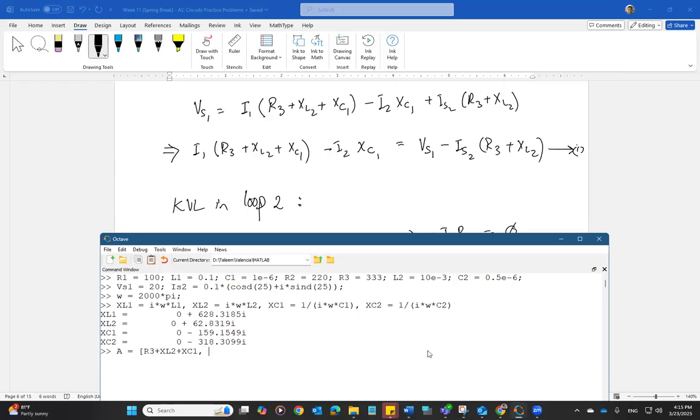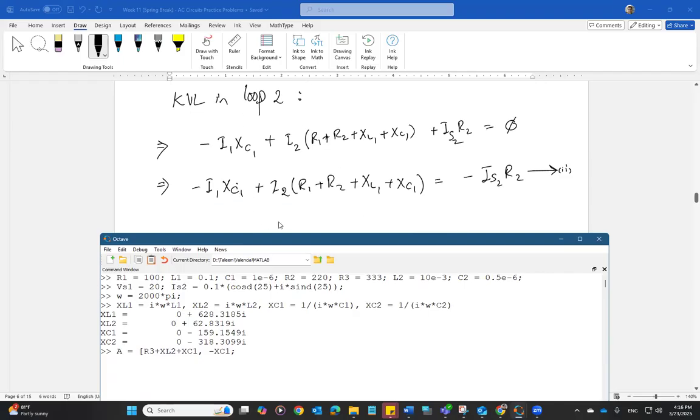The first row, second column is negative XC1. The second row, first column is negative XC1. And the second row, second column is R1 plus R2 plus XL1 plus XC1. So that's my matrix with the coefficients of I1 and I2 from the two equations.